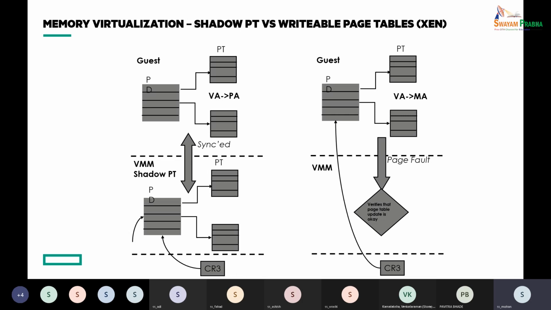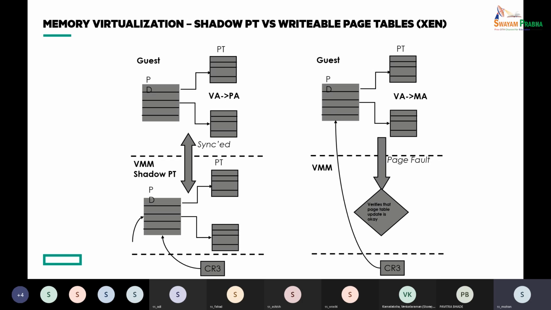It has to call into the VMM saying that I'm creating this page table entry, and that's how the VMM maintains consistency and makes sure that the guest is not writing into something which it is not allowed to. But basically, it allows a full level translation.